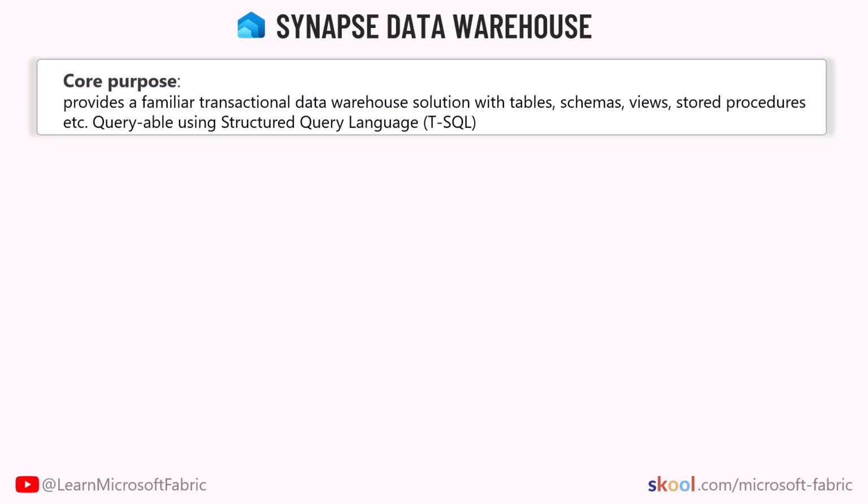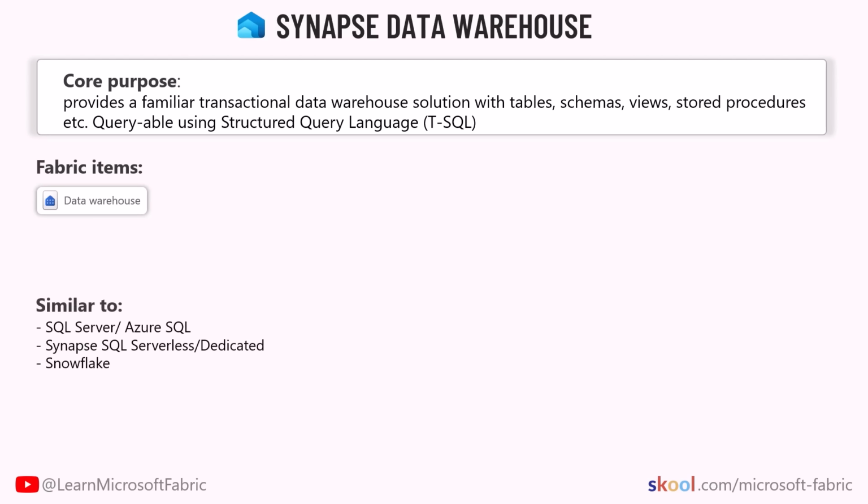Now, the Fabric items you can create within this experience are, as we mentioned, a transactional data warehouse built on top of the Polaris engine for scalability. So this is where users can create tables, schemas, views, stored procedures, functions, all this good stuff. Now, it provides a similar set of functionality, although not exactly the same, to some of these existing tools. So it's similar in a way to a SQL Server or an Azure SQL database, because it uses T-SQL, which allows the user to interact with it using T-SQL.